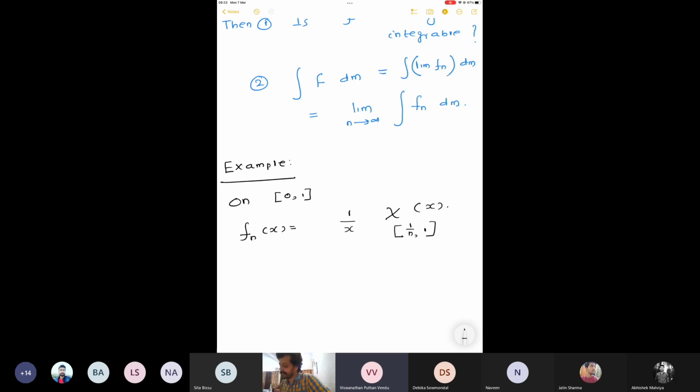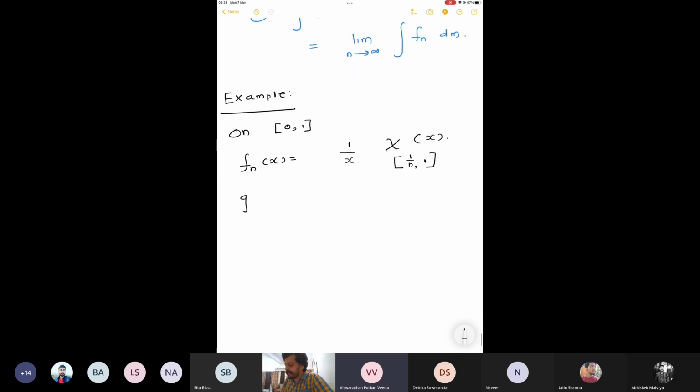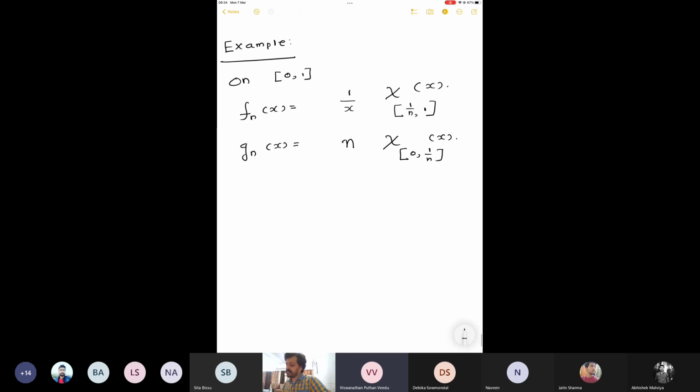This is how I define f_n(x) for each x in [0,1] and n equal to 1, 2, 3, etc. And let me define another sequence g_n. g_n(x) is equal to n times chi on [0, 1/n] of x. I am going to make some claims about this and I will leave it as an exercise and stop the class. So each f_n is Lebesgue integrable. Please try to see that they are all Lebesgue integrable.